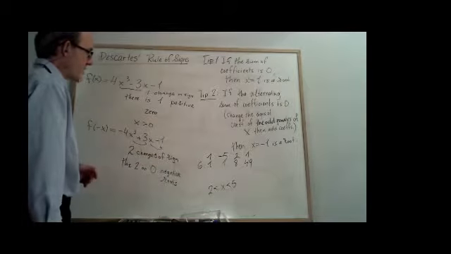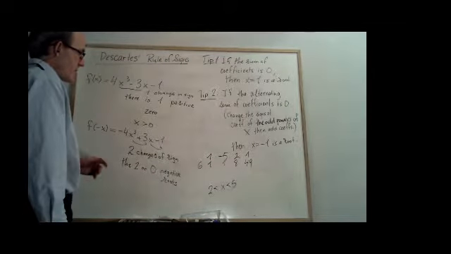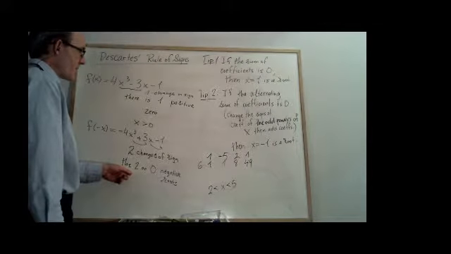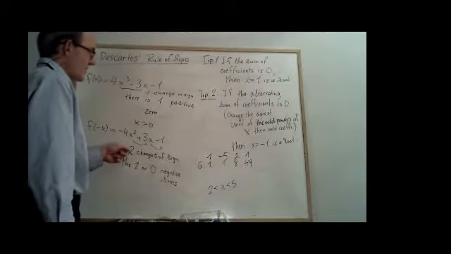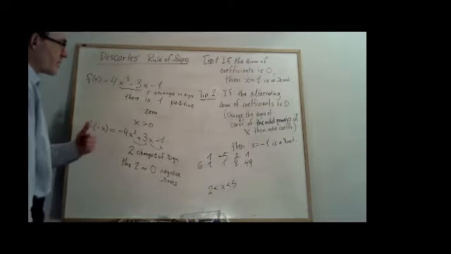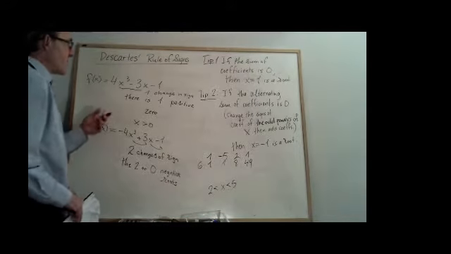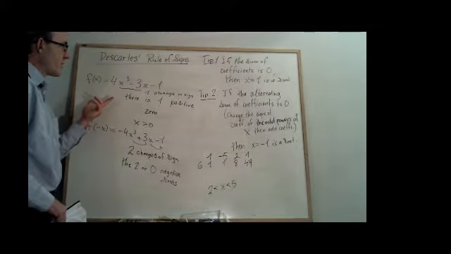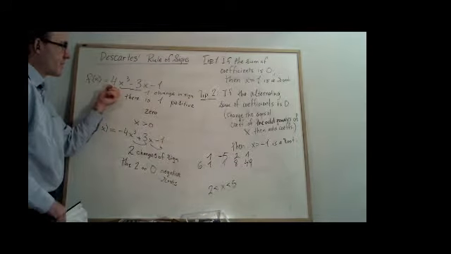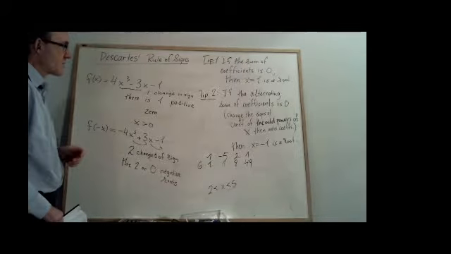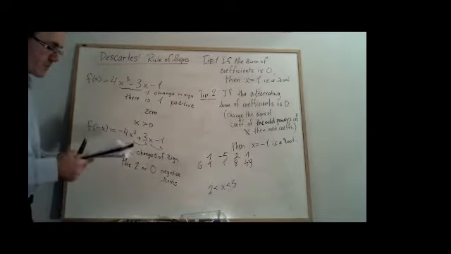Again, you count the changes in sign, and that number will give you the number of negative roots, or the number of negative roots might be 2 less than that, and so on. You go all the way down to 0, or 1 if it's an odd number. So if the number of changes of sign is 0 or 1, then there's only one possible situation, whether positive or negative. But if it's 2 or greater, then you have multiple choices of how many roots it has that are positive or negative.